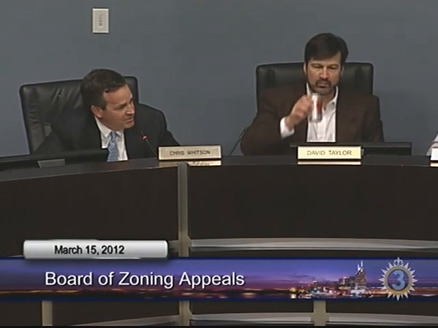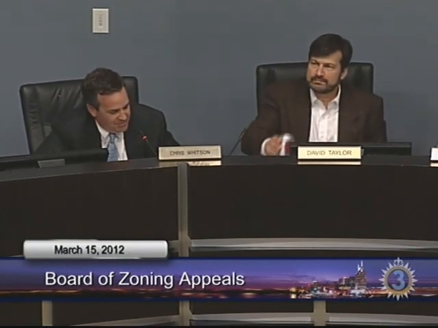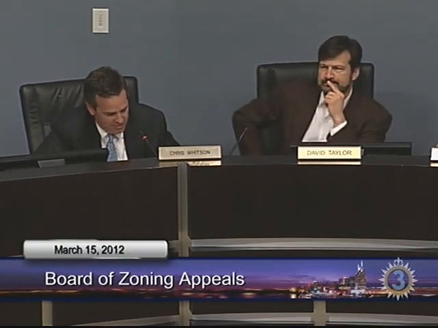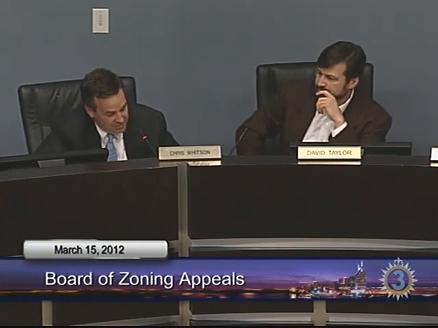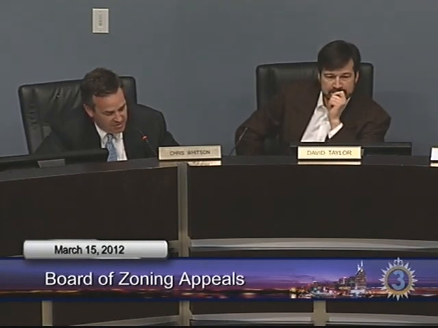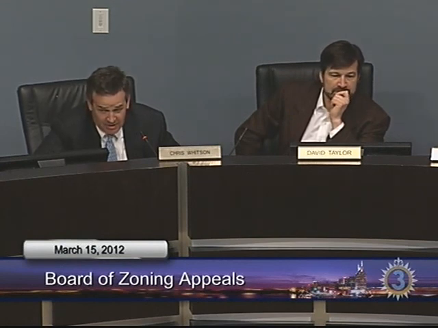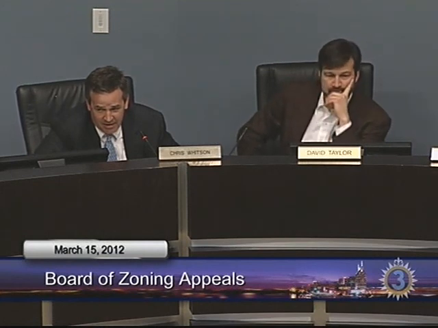Well, let me ask a question, because the closest I can get, the arguable hardship I can see, is that you have a narrowness of a lot so that you can't have parking on both sides. You do have an anomaly in the back, in that it backs up to an alley that's dark.